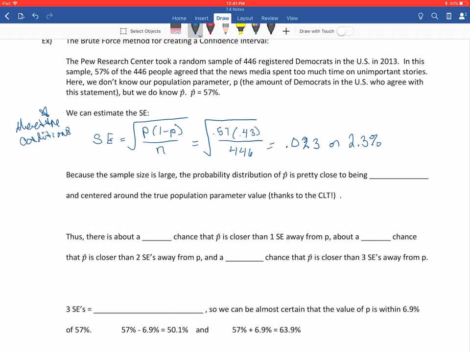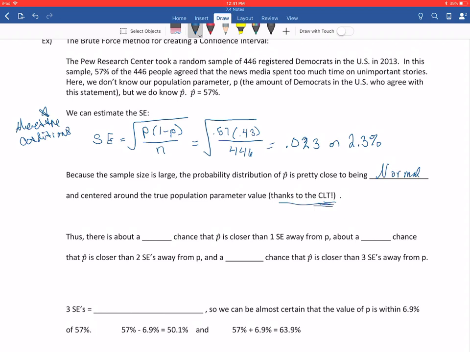So again, because the sample size is large, this is going to be pretty close to being normal and centered around the true population parameter value. Again, thanks to the CLT. We're saying, yes, we can use that in this case. Thus, if it's normal, we know some stuff about normal distributions. We've got that empirical rule that we learned way back in an earlier section.